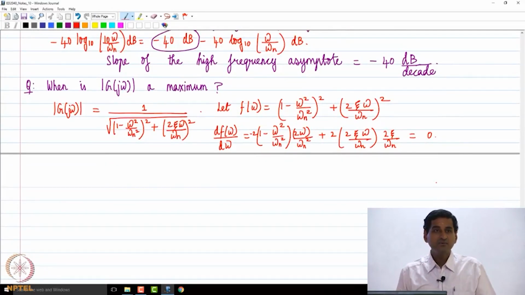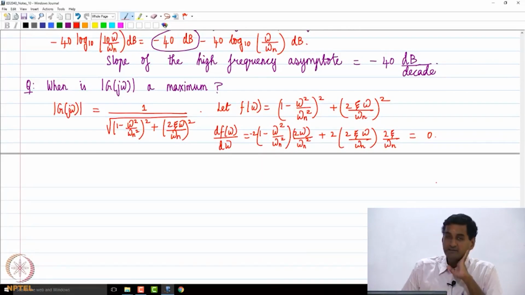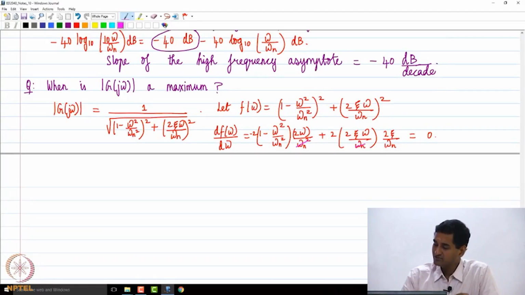Now if I process this, what will I get for ω? Can you calculate and tell me? You can see that I immediately have this ωn squared cancelling off with this ωn, and this 2 cancelling off with these 2s. So what will I have?